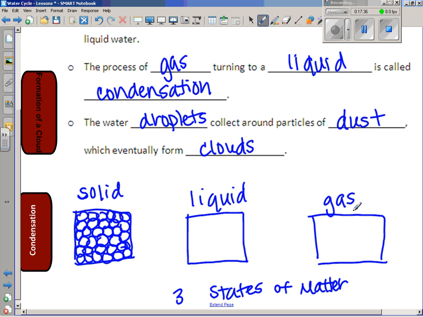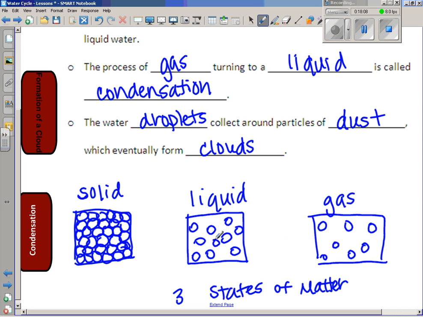So when we talk about how those atoms look, we know that the gas molecules are very far apart. Okay, that's why it's so easy for you to walk through those. Okay, but your liquids, they're not as tightly packed together as your solid, but they're a little bit denser than a gas.